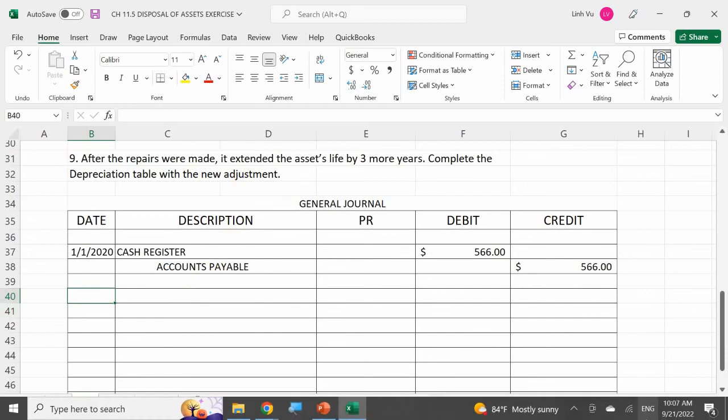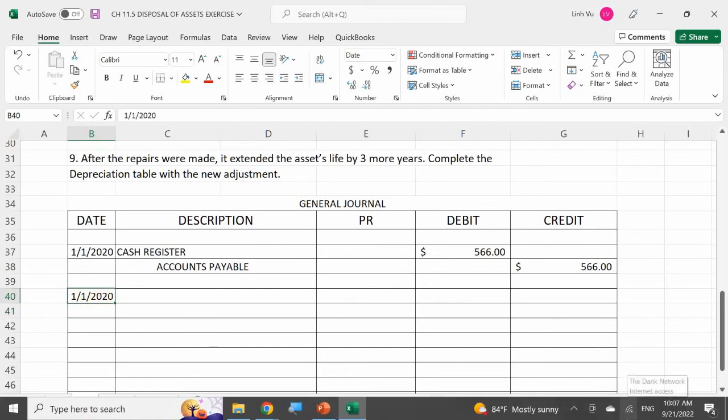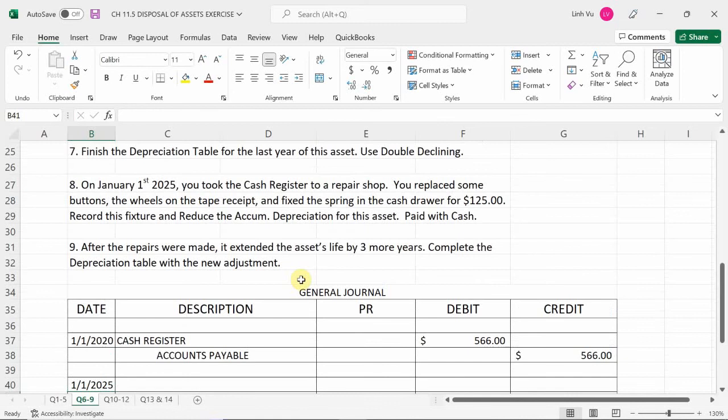So are you gonna add the 125 to the cash register? Well, what did I say? There's two options you can do, right? One of them is to either add the value to the register, or the other one is to counter it against the accumulated depreciation. What did I tell you to do?